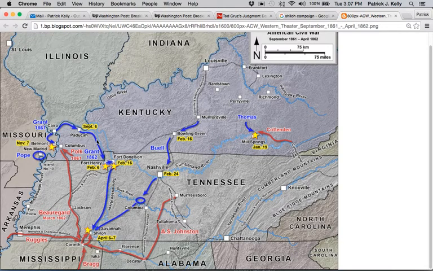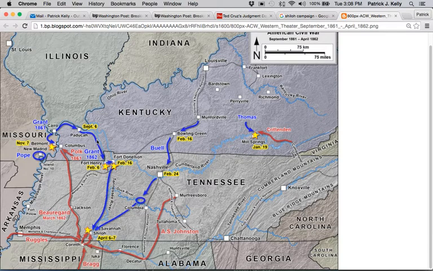So anyway, by capturing Henry, Grant and Admiral Foote gained control over the Tennessee River, and by capturing Donelson, the Union gains control over the Cumberland River, and very quickly Nashville falls into the hands of the Union Army. By the way, Memphis is going to fall very quickly as well. So Grant wins these major victories in February of 1862.